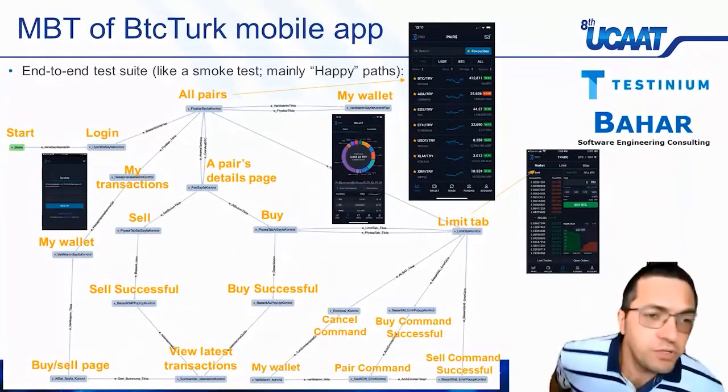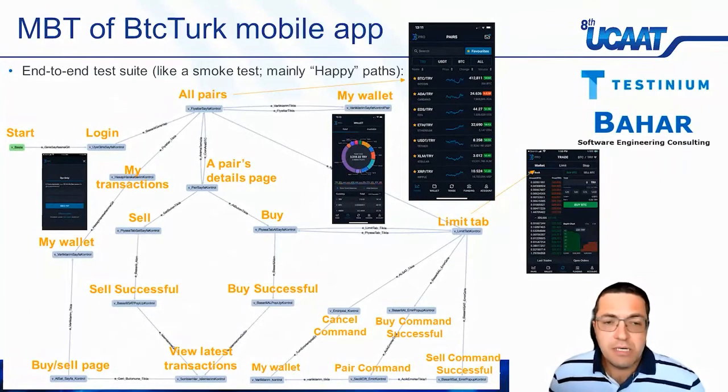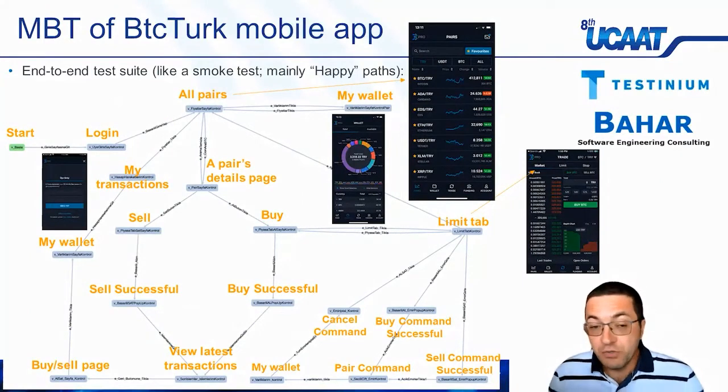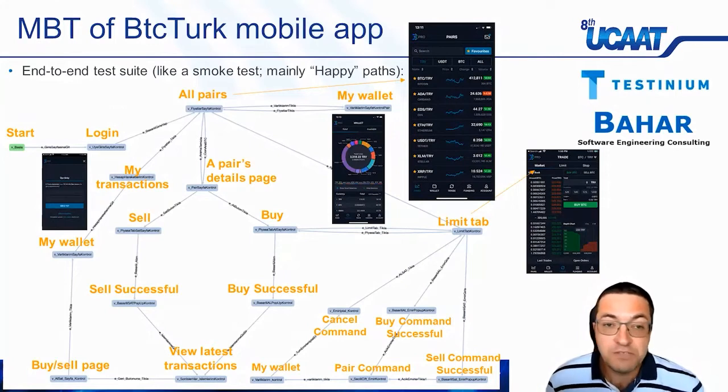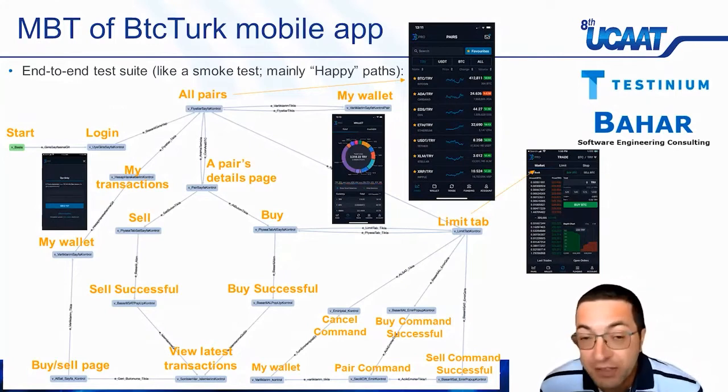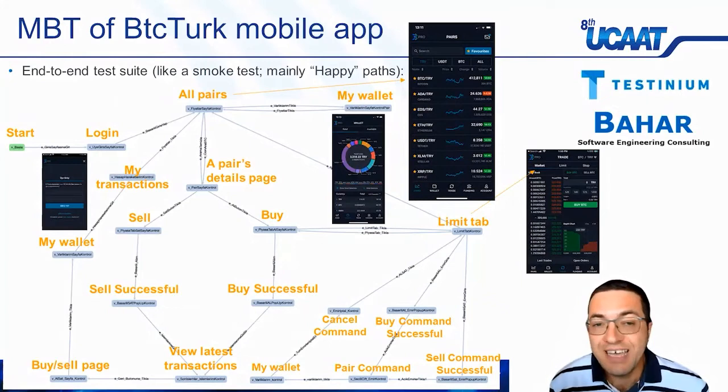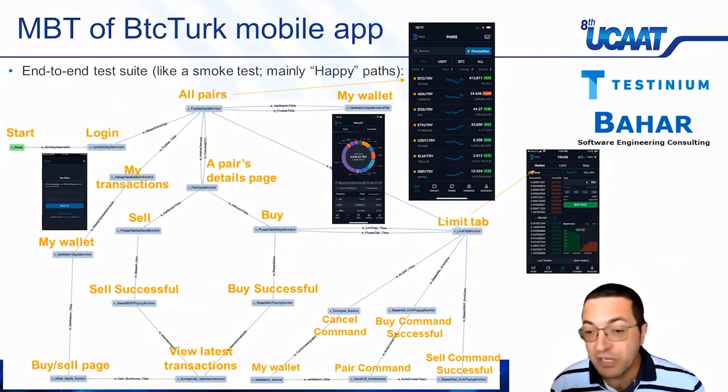We are showing here a test model, similar to the Testinium one, from the end-to-end test suite, where we are really testing the happy paths. The nodes and edges are written in Turkish because our test engineers are all Turkish and that was easier to understand, but I have also translated them to English.